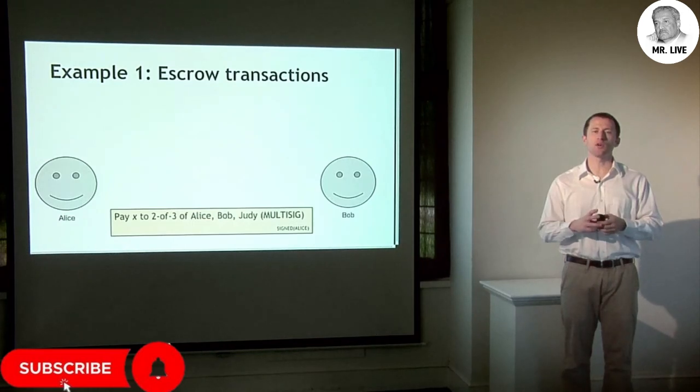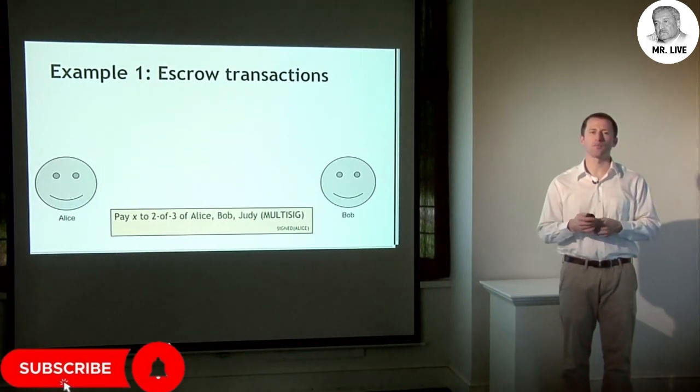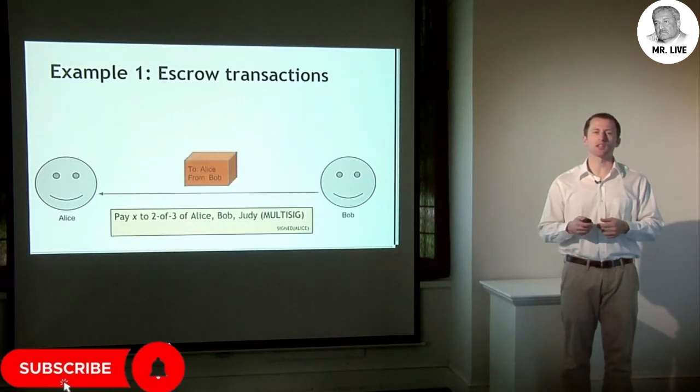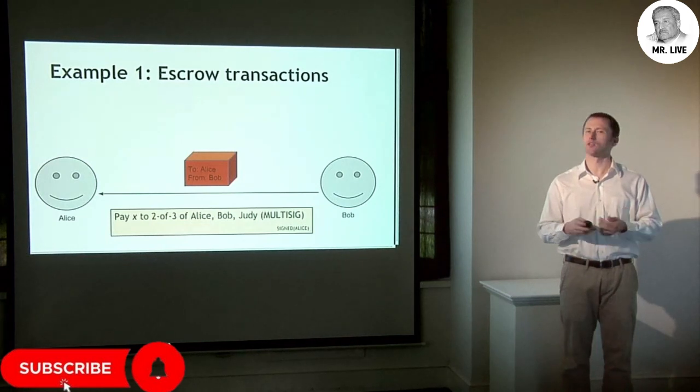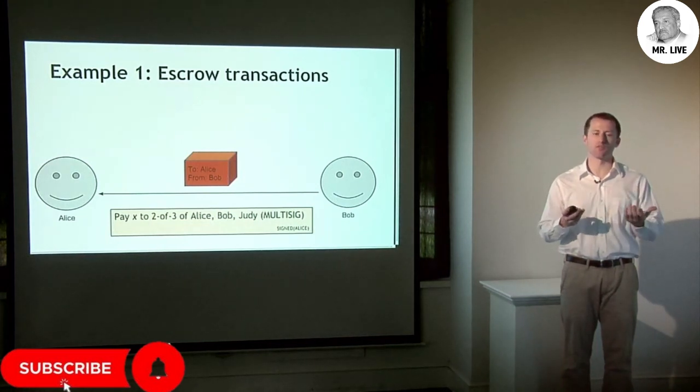So at this point, these coins are held in escrow between Alice, Bob, and Judy, and any 2 of them can specify where the coin should go. So Bob will be satisfied after that happens that he's safe sending the goods over to Alice. So he'll mail them or deliver them physically.